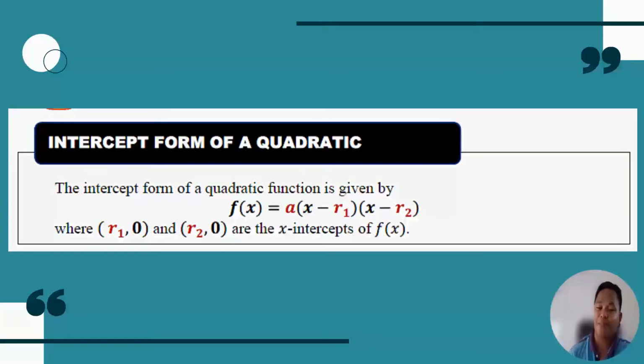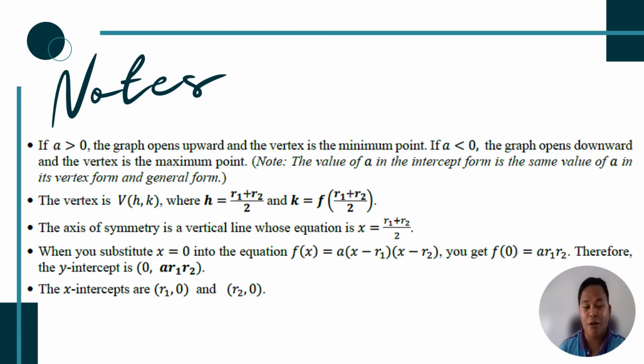Let us come now to the intercept form of a quadratic function. It is given by f of x is equal to a times the quantity x minus r sub 1 times the quantity x minus r sub 2, where the coordinates r sub 1, 0 and r sub 2, 0 are the x-intercepts of f of x. And we have these notes.